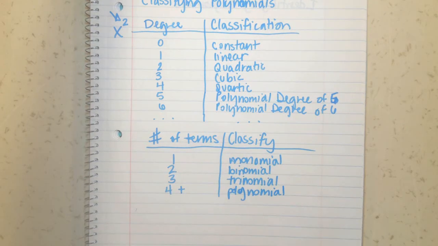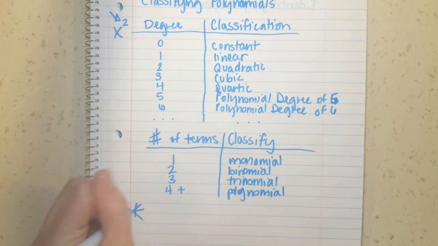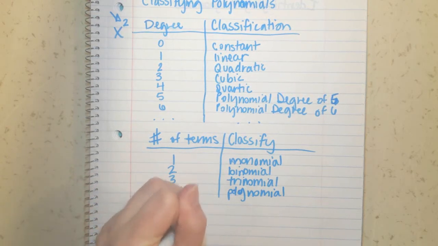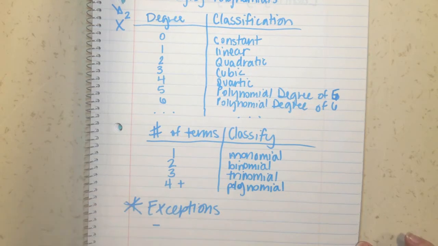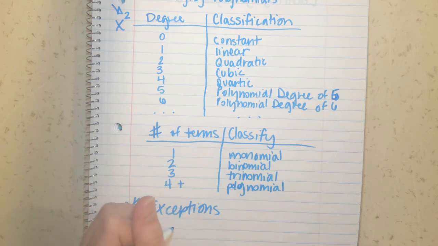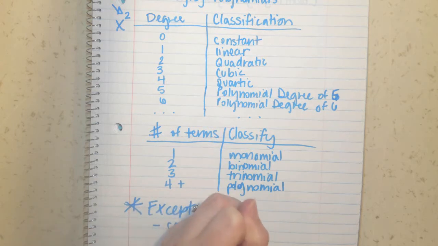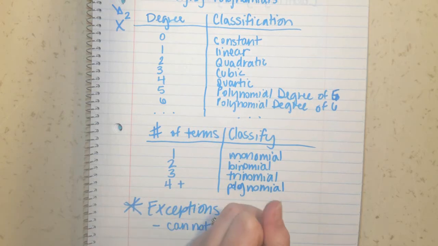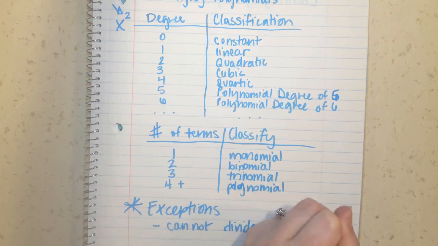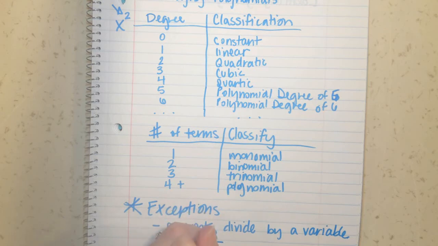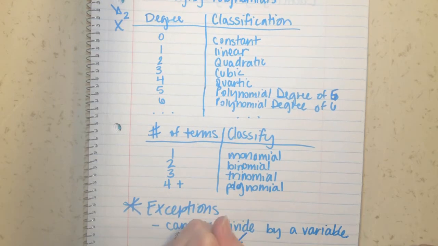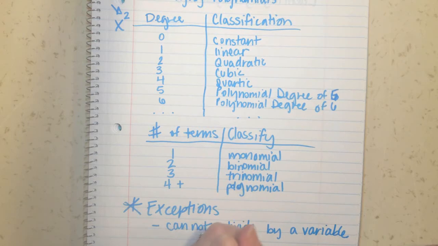Alright, there are a couple of exceptions you need to know. The first one is it is not a polynomial when you divide by a variable. So for example, if you see something like 8 over x squared, that is not a polynomial.